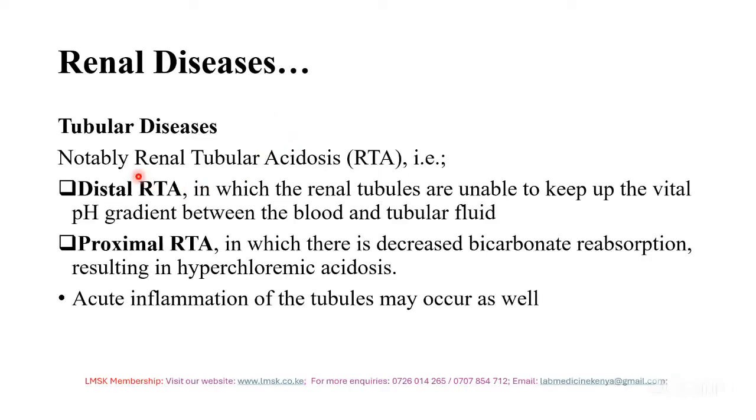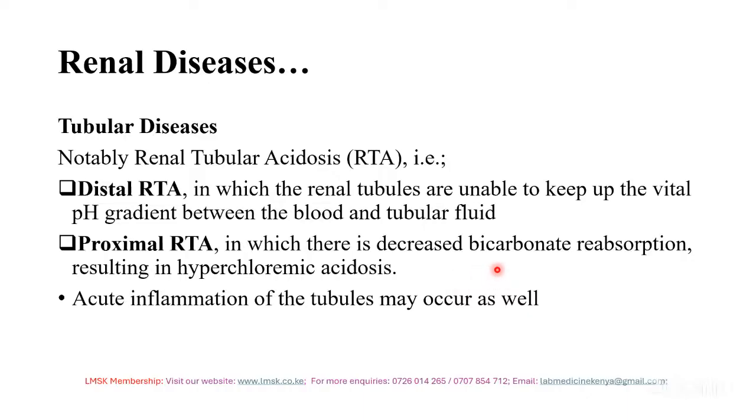Then tubular diseases, we have renal tubular acidosis or RTA, which can be distal, in which the renal tubules are unable to keep up with the vital pH gradient between the blood and the tubular fluid. Or proximal, in which there is decreased bicarbonate absorption, resulting in hyperchloremic acidosis.